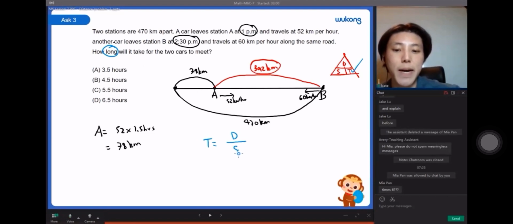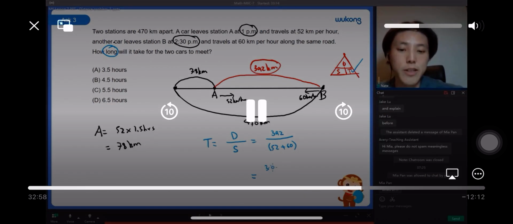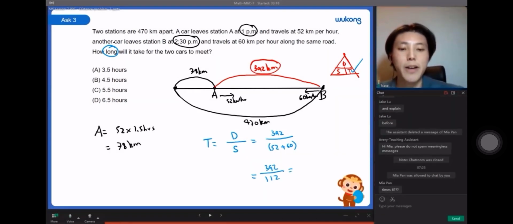So that'll be the distance, 392 kilometers, divided by 52 plus 60. There we go. So that's 392 over 112. If you simplify all that, you guys are going to get a value of 3.5 hours. There we go, and that's why A is the correct answer here.